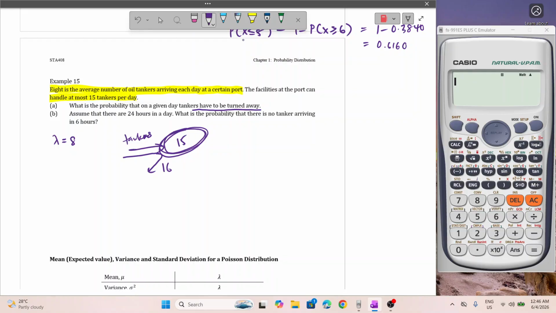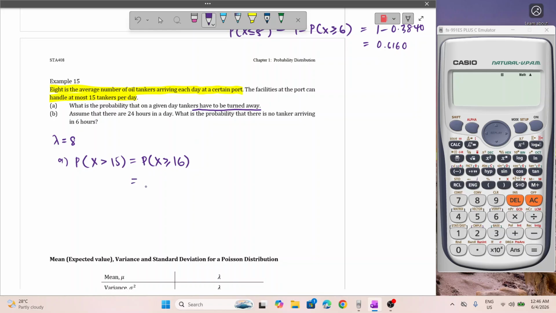So, to answer the first question, it is when x is greater than or equal to 16. Or you can also rewrite this as when x is greater than 15, because it can handle only 15. So when the 16th tanker comes in, it needs to be turned away.